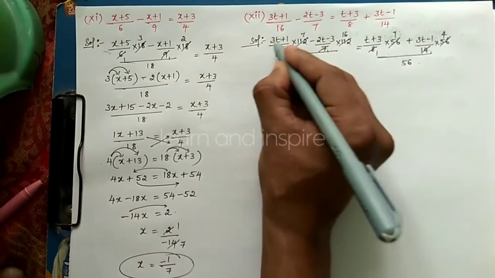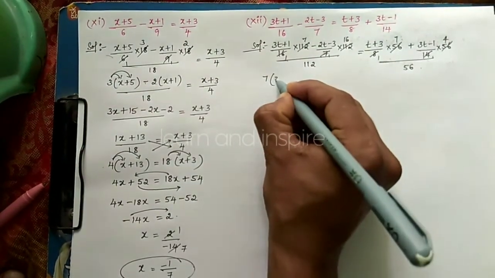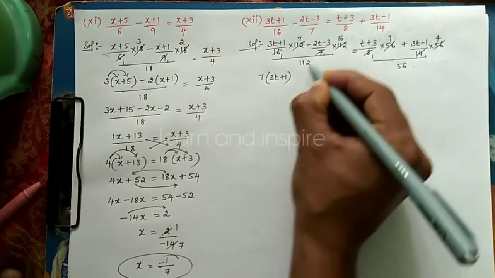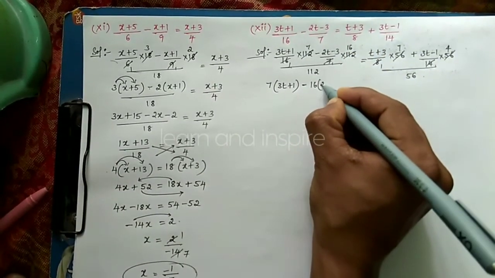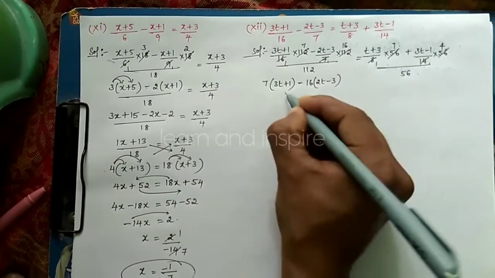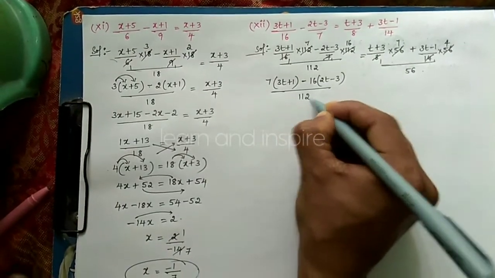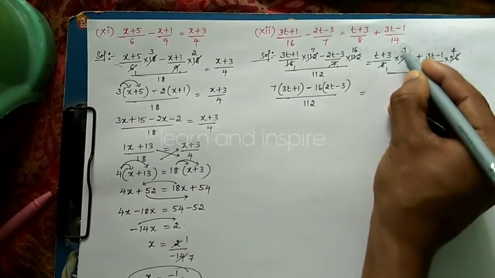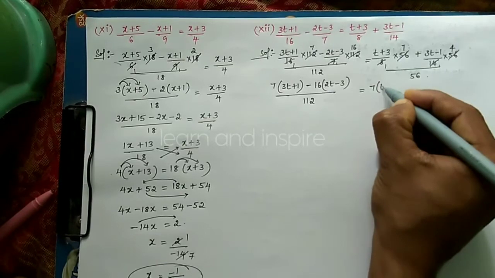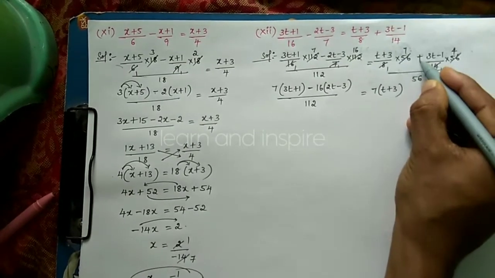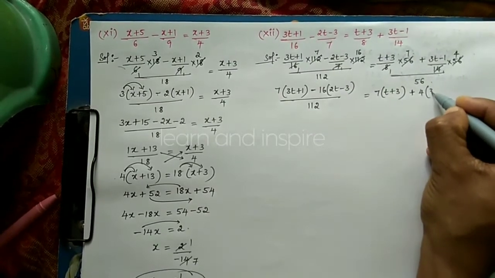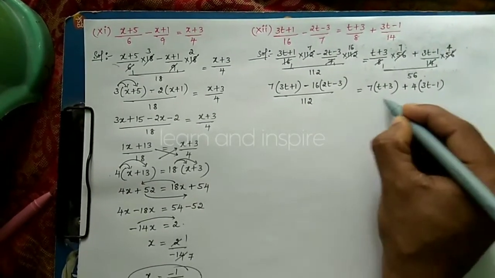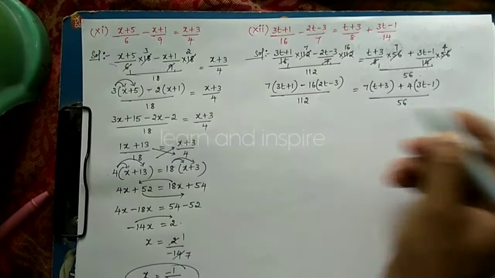Now multiply 7 into (3t + 1) minus 16 into (2t - 3) by 112 equals to 7 into (t + 3) plus 4 into (3t - 1) divided by 56.